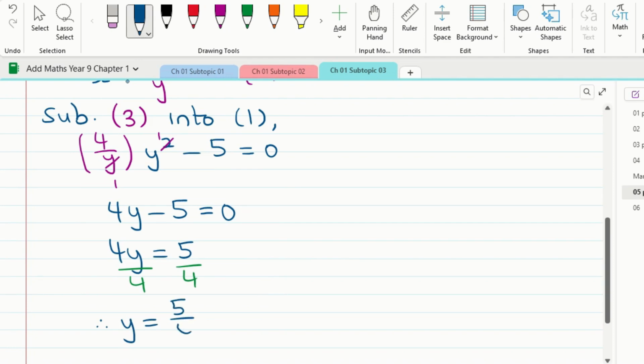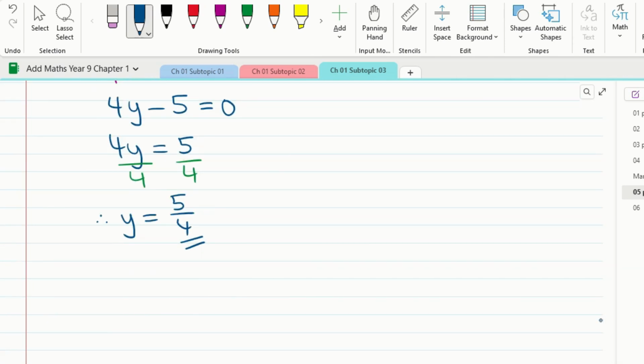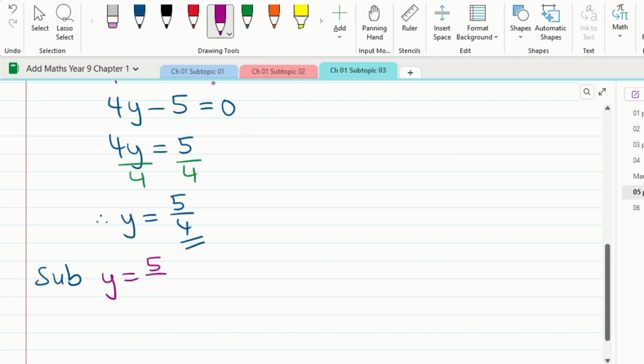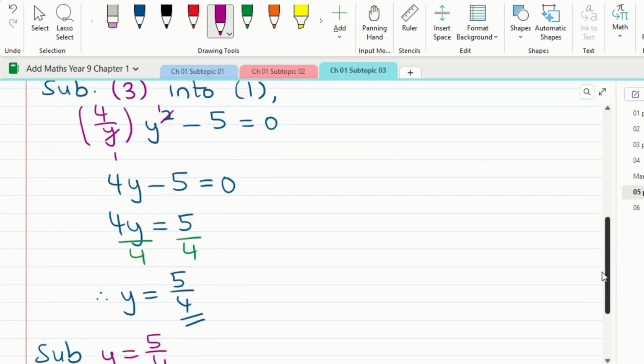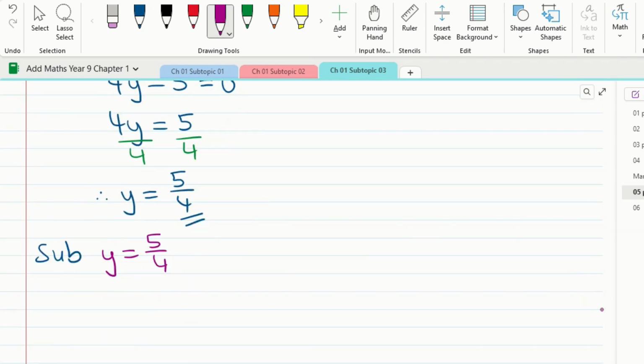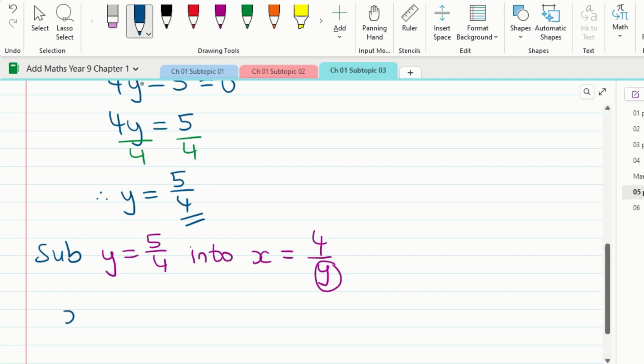So there's only a single variable for the solution, but let's have a look. Substitute y equals 5 over 4 into the equation which has x as the subject, equation number 3, which is x equals 4 over y. So here the y is replaced with 5 over 4.